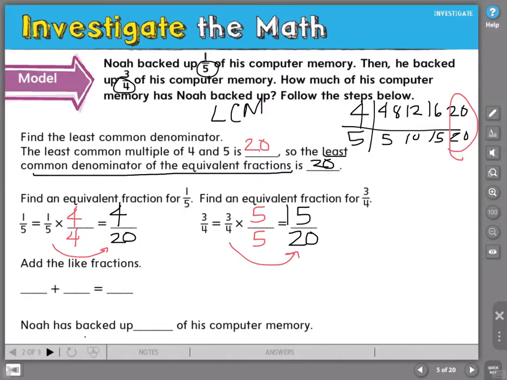So now I have like fractions. I have 4/20ths and 15/20ths. Now that I have like fractions, I simply add the numerators. 4 plus 15 is 19. My denominator is 20. Noah has backed up 19/20ths of his computer memory.